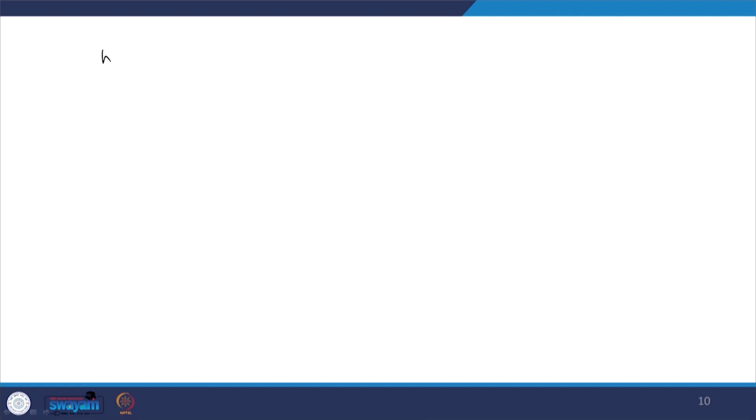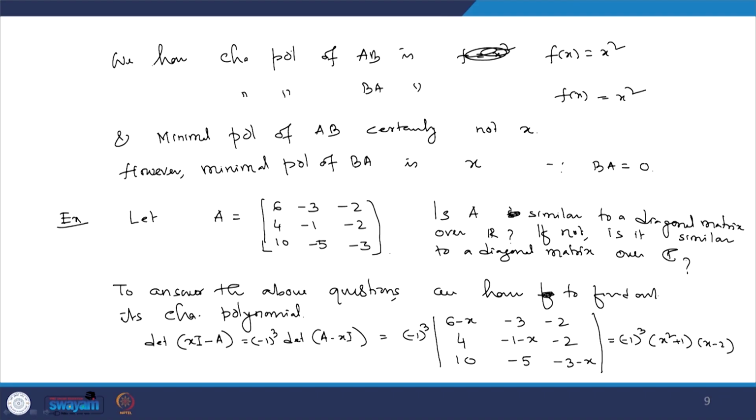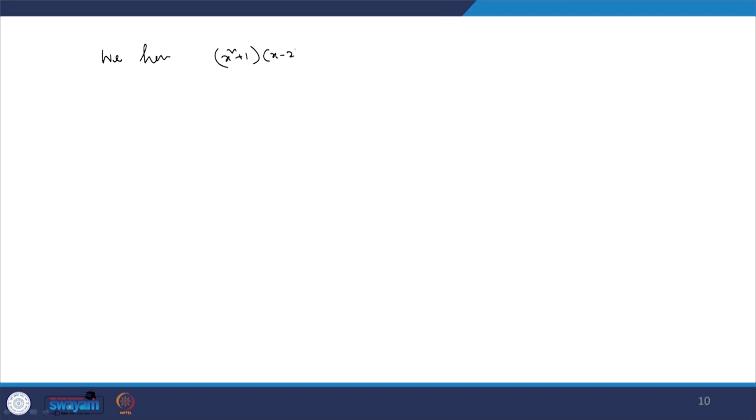We have (x^2+1)(x-2), and x^2+1 is not factorizable over the real line R.